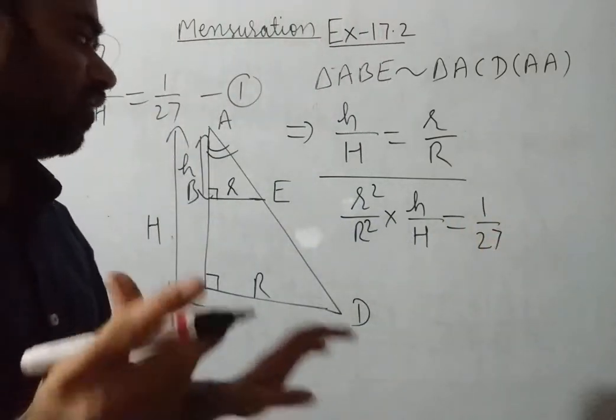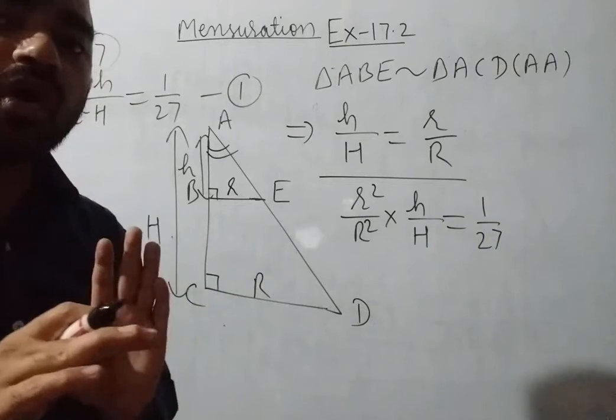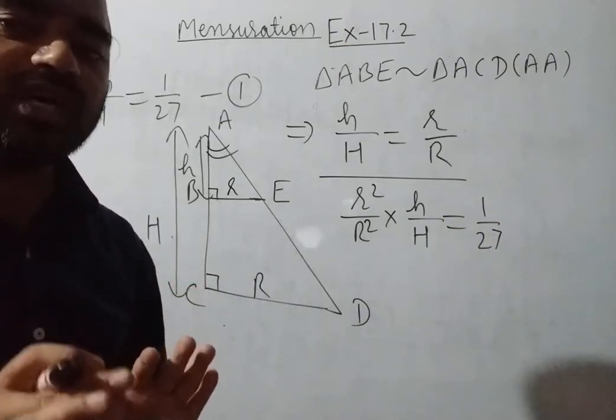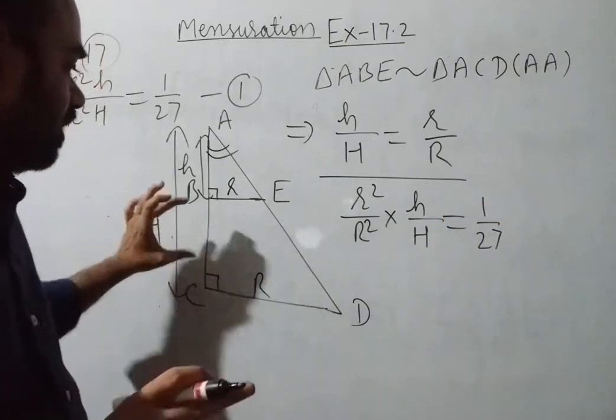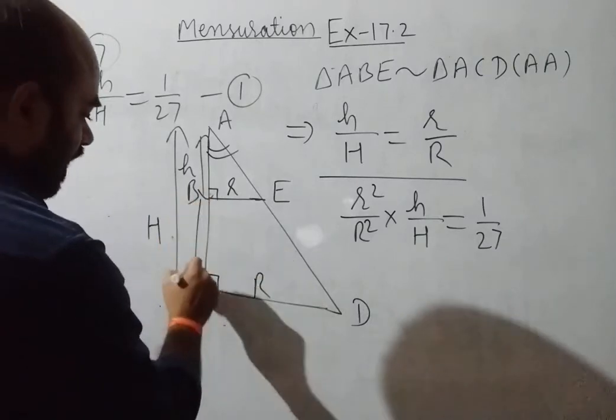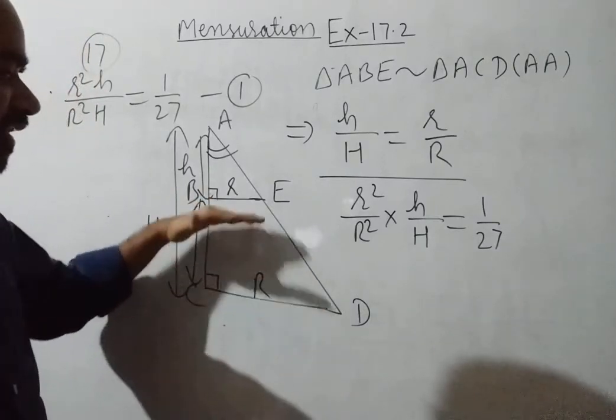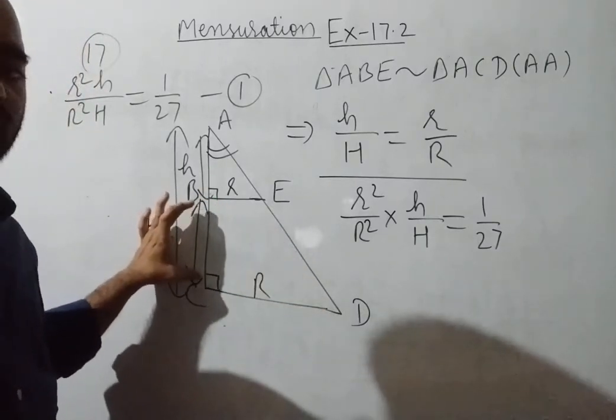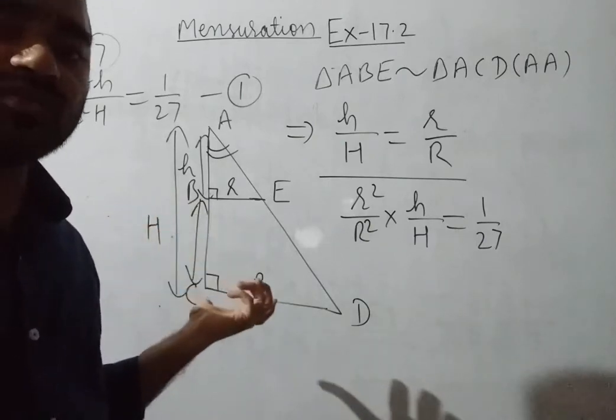Now nothing is mentioned or asked about the radius. What is asked is at which height from the base the section is made. We have to find this length. You can take it as x also.